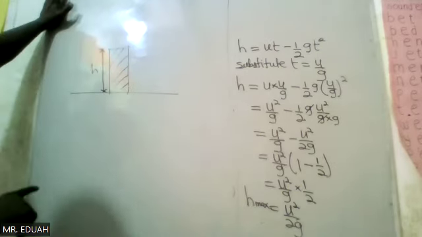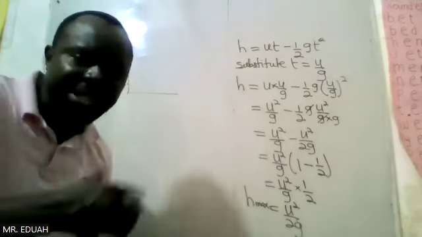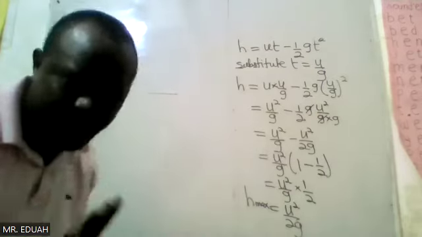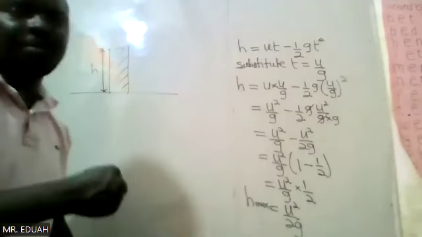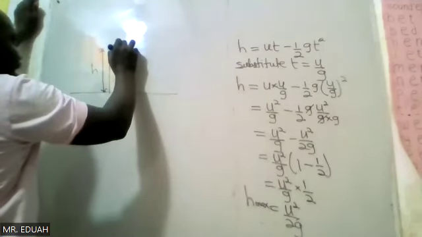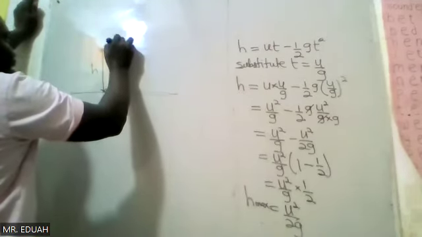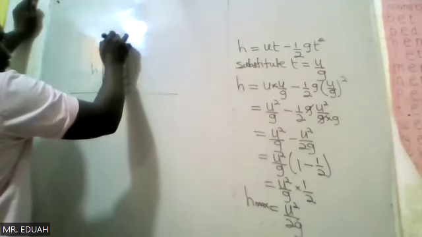Our relations we derived earlier, the object is being projected from the ground. Now the object is being projected from a height. So the body is here, and then maybe Leonard is here.